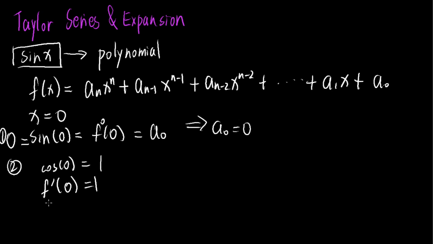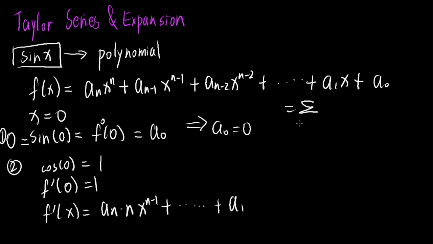And what is the expression of f'? The first derivative is like n a_n x^{n-1} all the way to a_1. If we want to write it in a more formal way, we can use sigma notation.